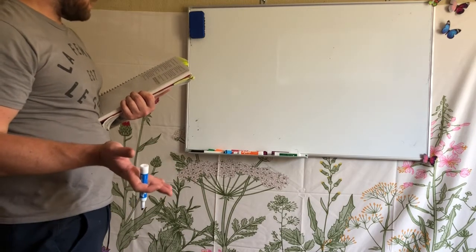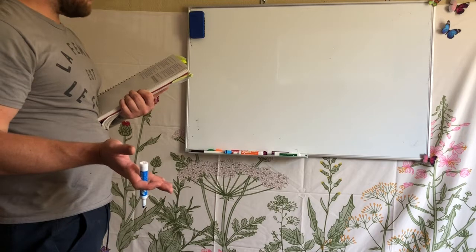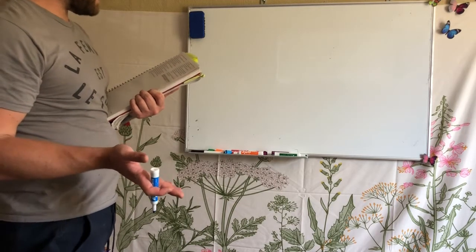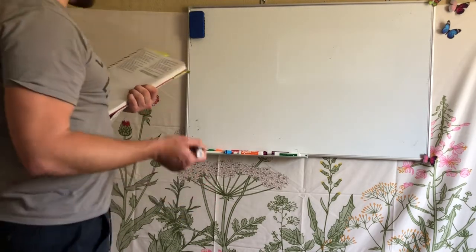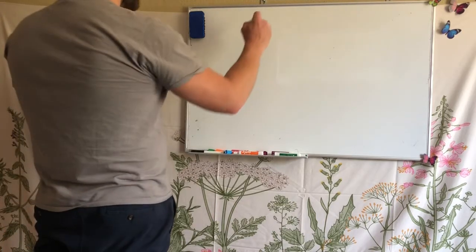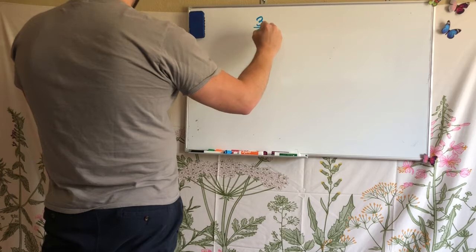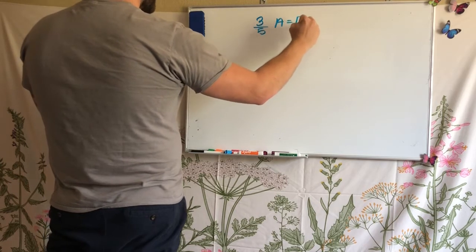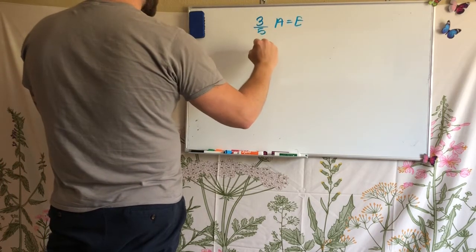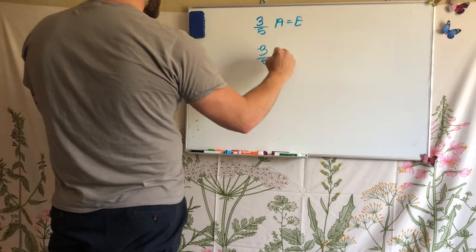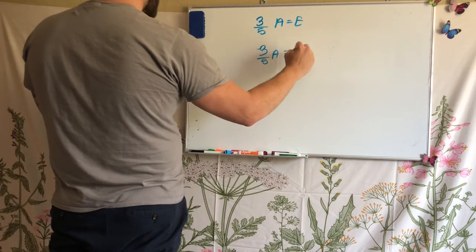Eating. Write the letter equation for eating. Below, write the equation with a number for eating. Pause the video and set up the problem. You should have 3/5 A equals E. You rewrite it as 3/5 A equals 15.